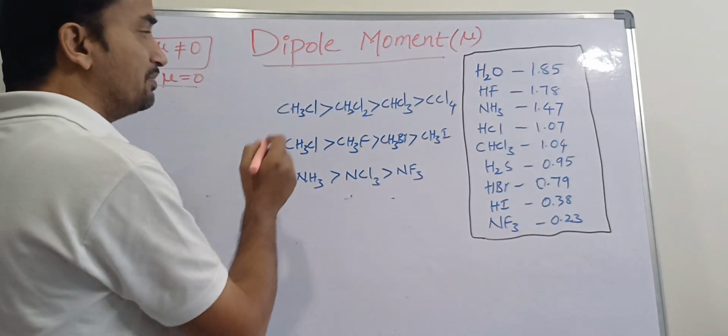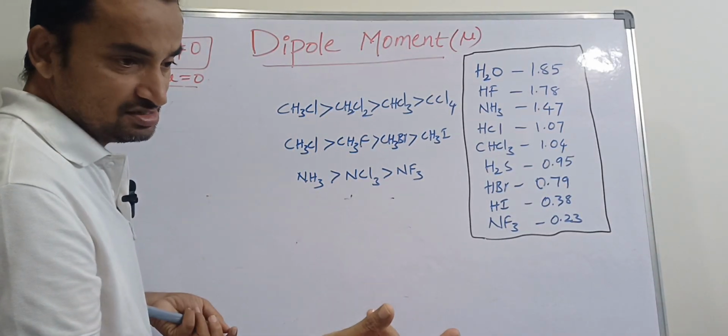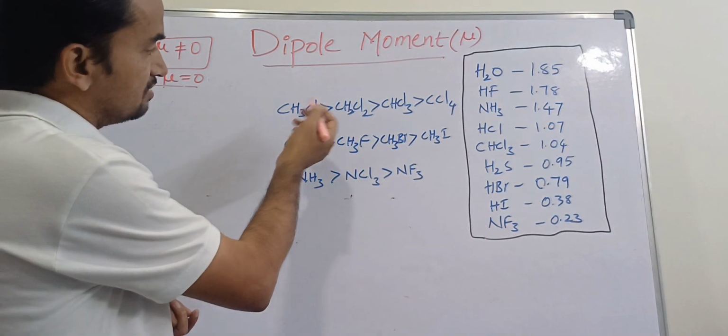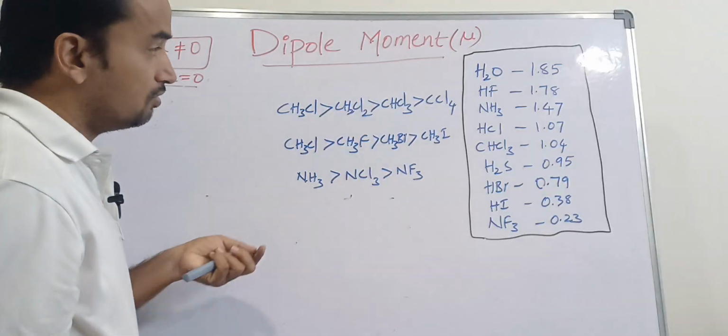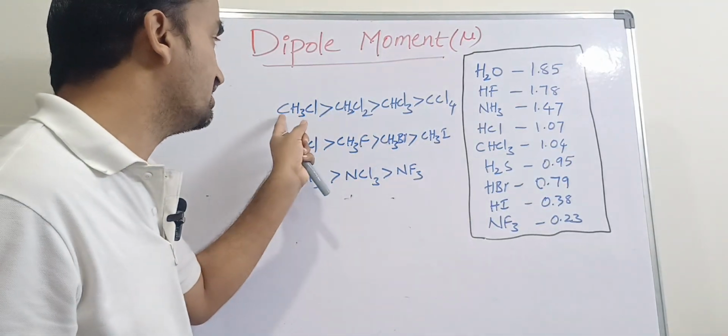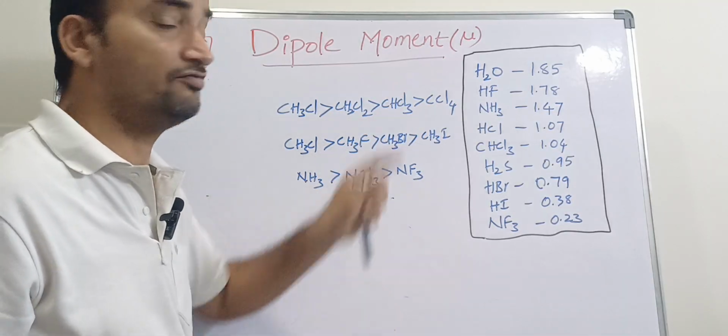Next, we will see some examples. If the heteroatom is there, automatically there will be charge separation, so automatically there will be polarity. So a dipole moment will be there. Now among the molecules which are having dipole moment, the correct order, for example, if you take CH3Cl, CH2Cl2, CHCl3, CCl4.